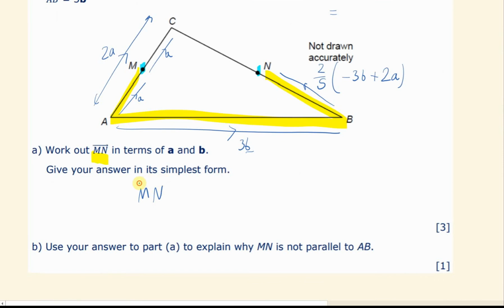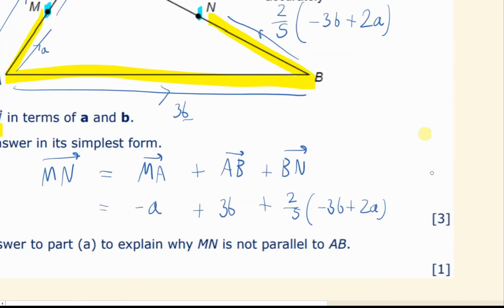If you find harder questions, one way to make it feel a bit easier is to really write down your steps in terms of exactly which route you are taking to get from M to N. Again, you don't have to do this, but for me personally, it makes life a bit clearer. So M to A is going to be minus a, because we're going against the arrow. A to B is going to be 3b, and B to N we have, that's going to be 2/5 of this.